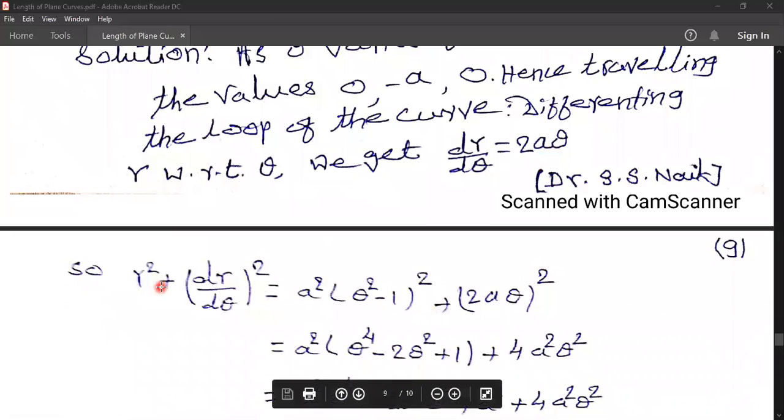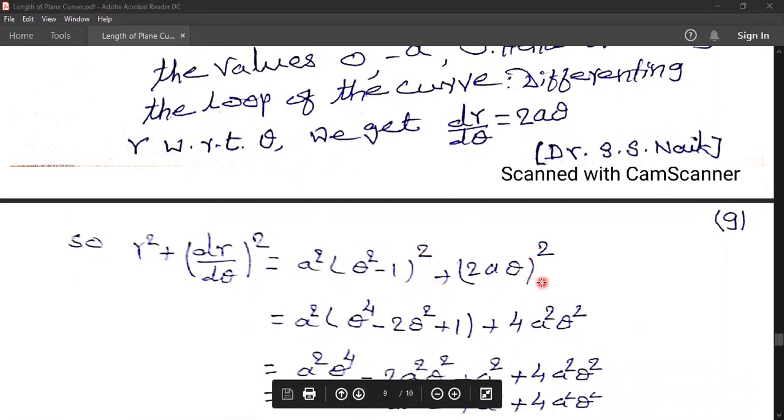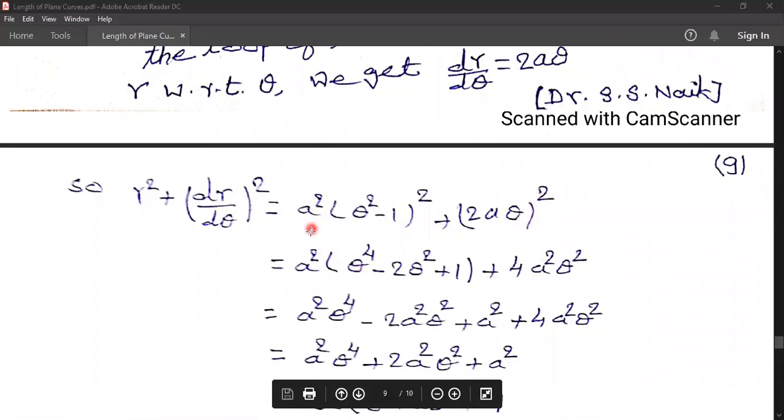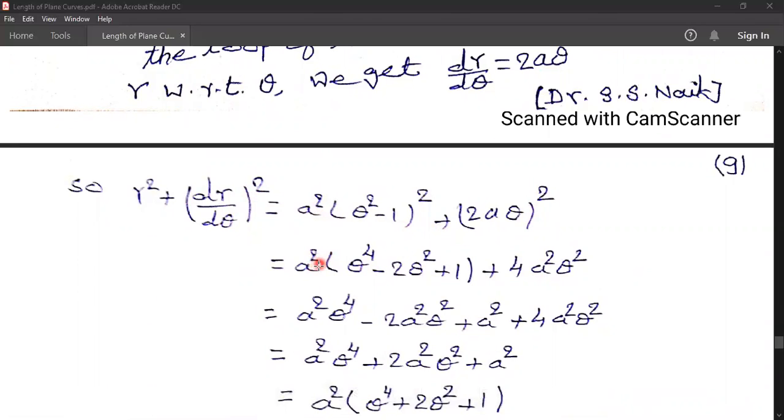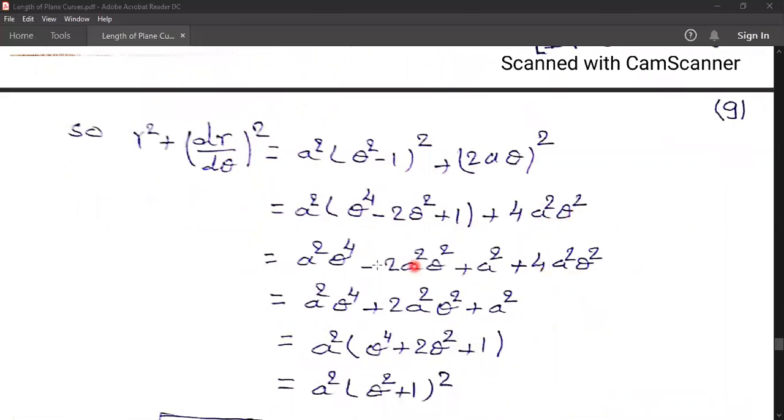Then r square plus (dr by d theta) square is equal to a square (theta square minus 1) square plus (2a theta) square. That is, when you expand this value, this a square will remain as it is. Then square of this becomes theta raised to 4 minus 2 theta square plus 1. Then this is 4a square theta square.